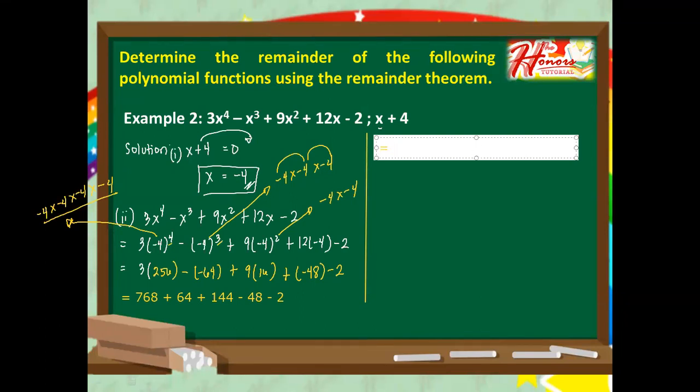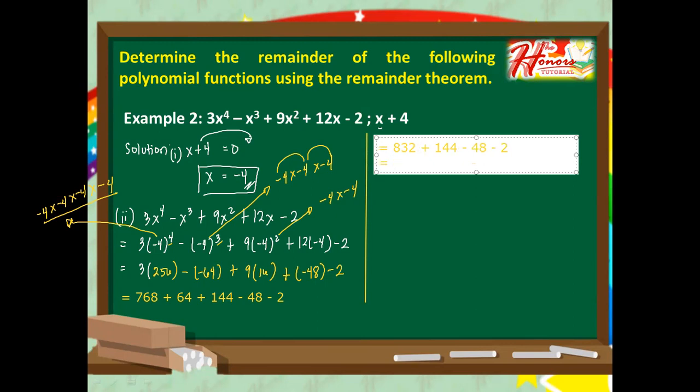Let's continue solving from left to right. 768 plus 64, that is 832, plus 144, minus 48, minus 2.